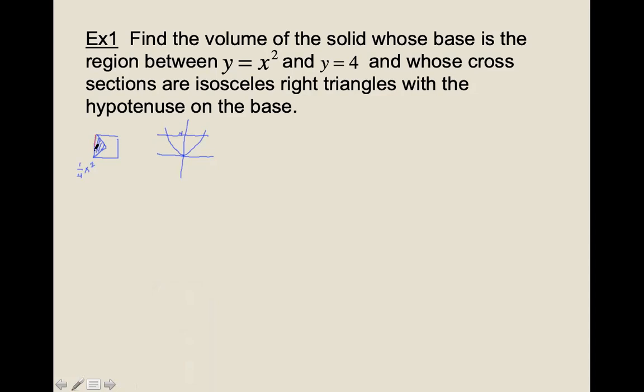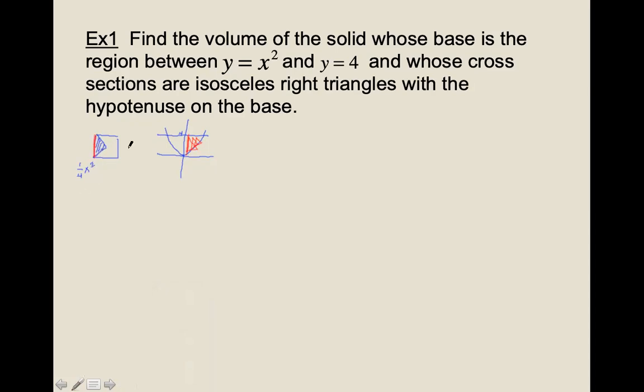So this side length here, right, that's in this shape here. So I have all these isosceles right triangles with the hypotenuse on the base coming up off of that. So you kind of have to picture these are coming up, right? Those are sticking up. So again, this length here of this side, this representative rectangle, is the same as this.